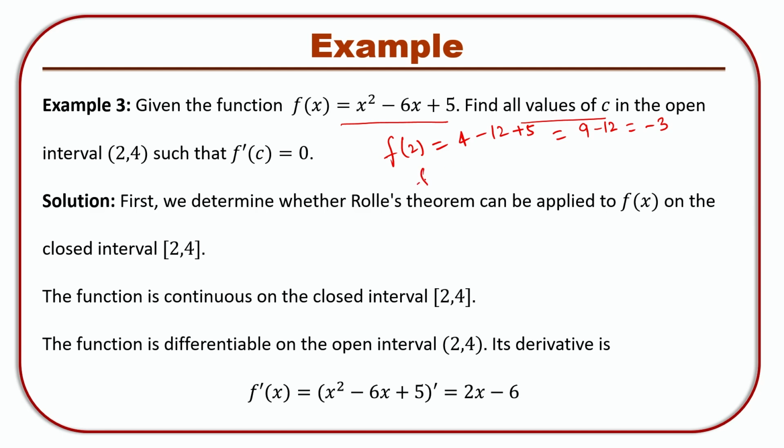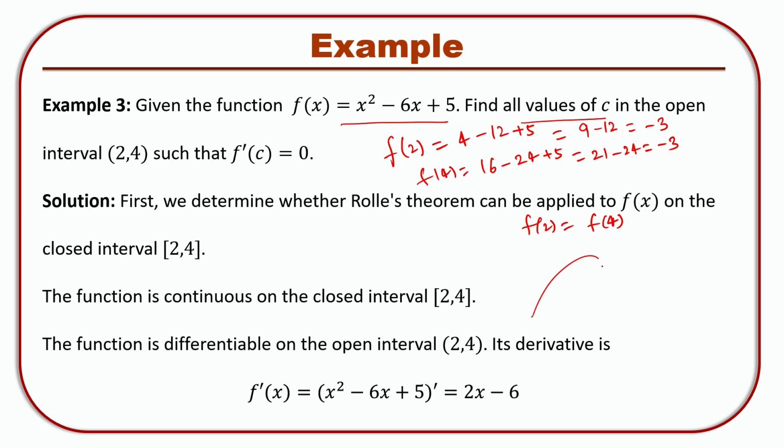And f(4) is equal to 16 minus 24 plus 5. So this is 21 minus 24, equal to -3. So here f(2) is equal to f(4).